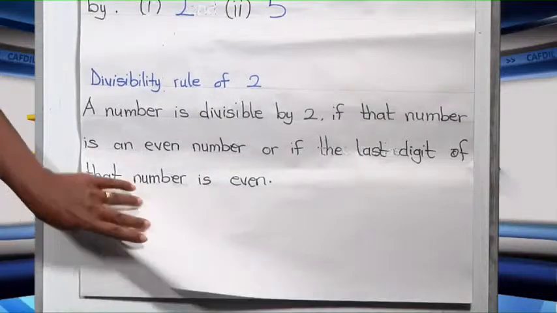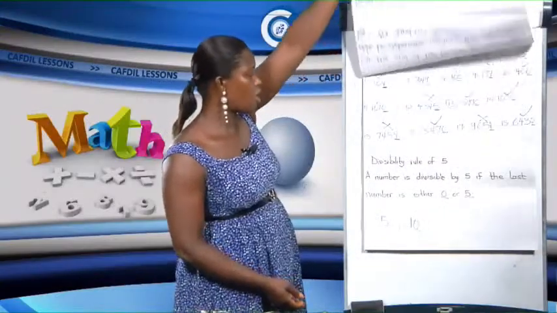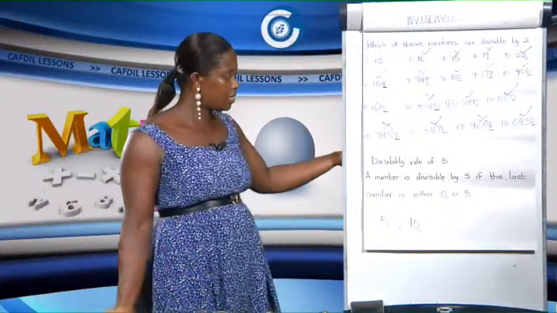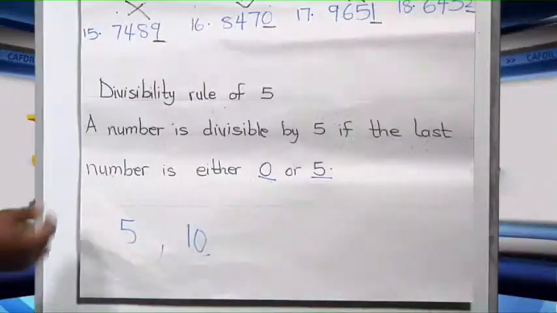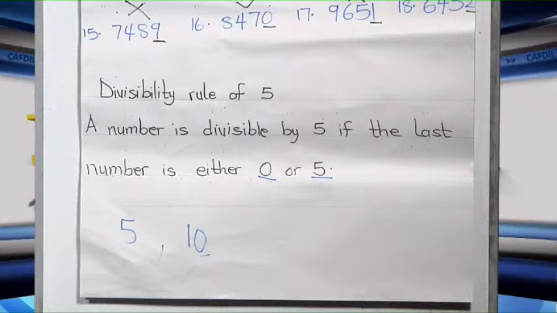Okay, now let's write the rule for 5. Divisibility rule of 5. A number is divisible by 5 if the last number is either 0 or 5. Write it down.